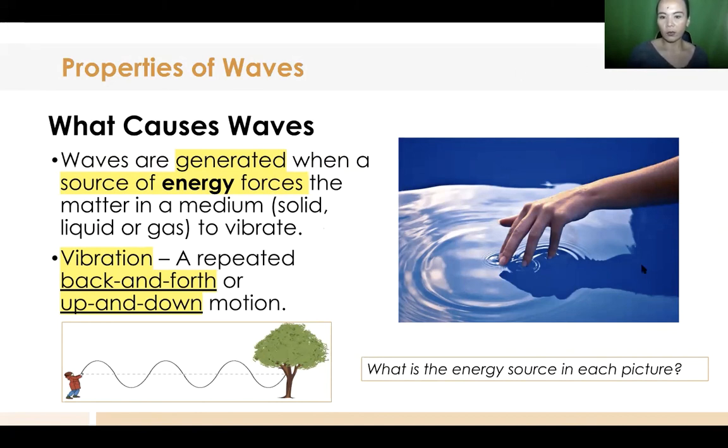So as you can see in the picture, when you quickly dip your hands in the water, it creates a ripple, and that ripple is the wave itself. If you have a rope tied to a tree, then you start moving the rope, it creates a back and forth or up and down movement, which is the vibration generated by the energy and the force that you apply.